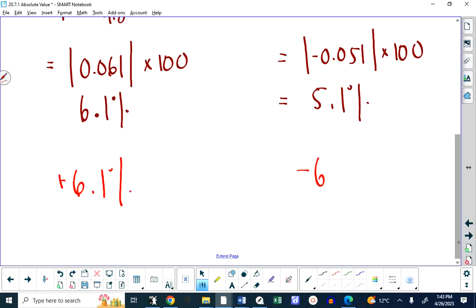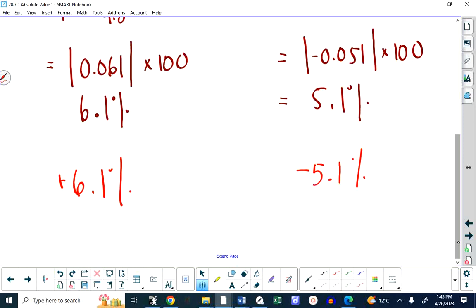Why, in physics, do we not include them? This is beyond the course, but we don't include them in physics because physics is more precise than chemistry. What does that negative tell us about Peter's result? It's 5.1% below what it should be.